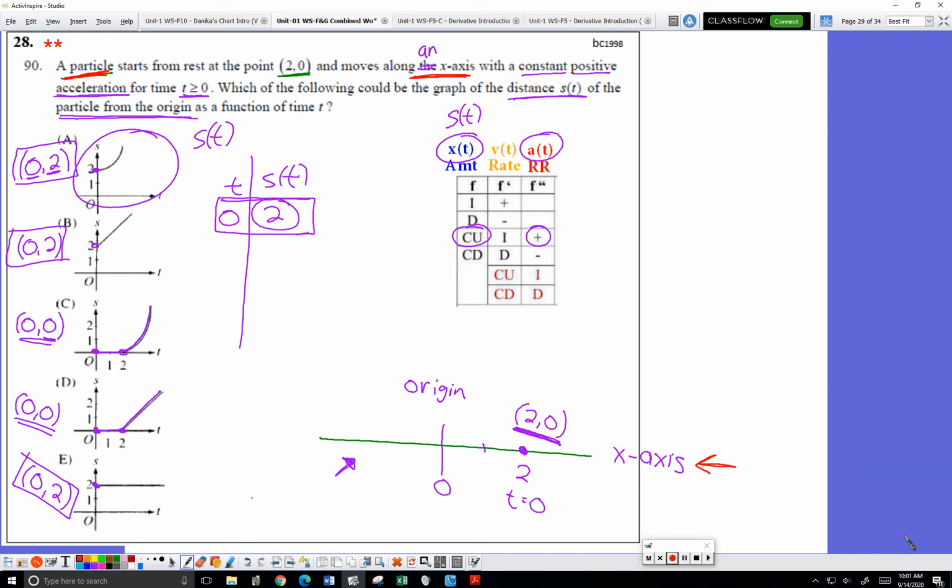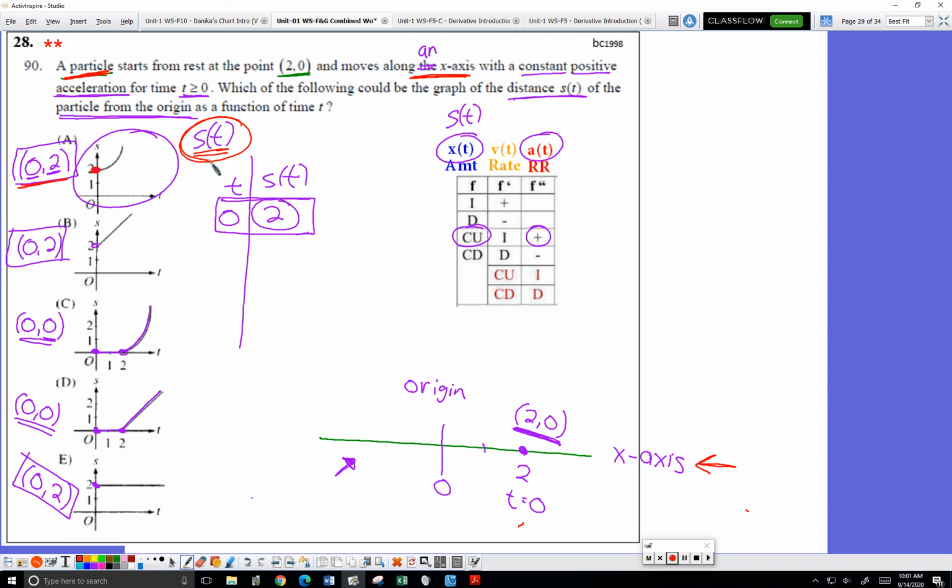The graphs show numbers, and the numbers tell me about the particle. So look at this number right here. That's (0, 2). That means at time 0, the particle is located along this line at location 2, right there, when time is equal to 0. That's what this graph is telling you, because this is a graph of the particle's position.